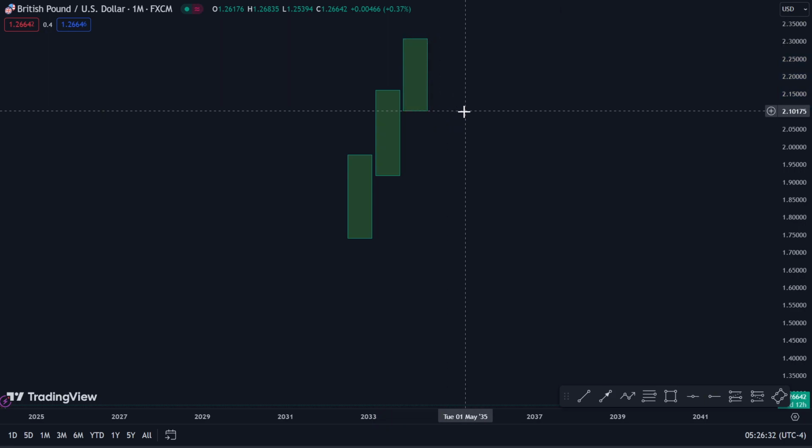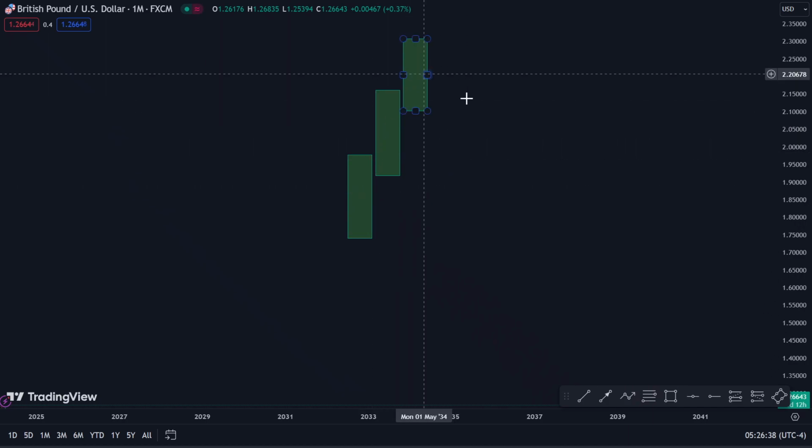Now, in a bullish market, let's have an example of these three bullish candles.